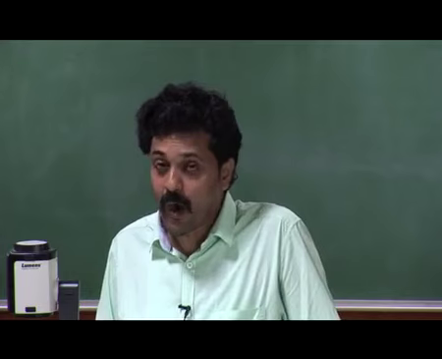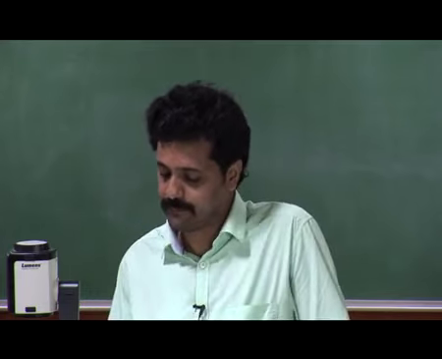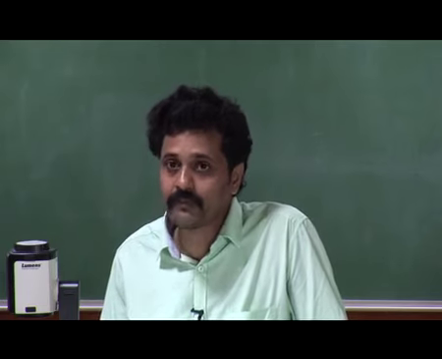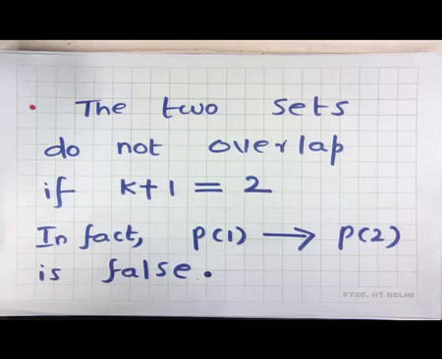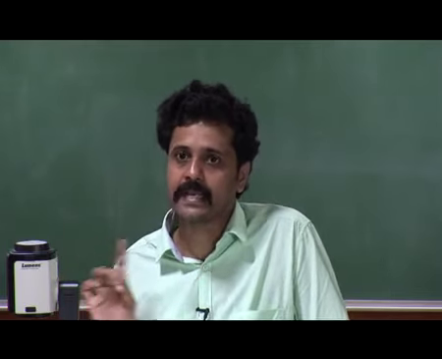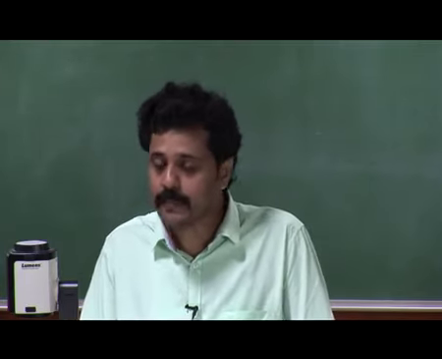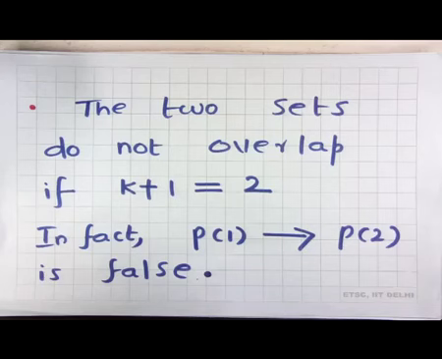That is, the argument for the inductive step, namely assuming P of k is true and deriving P of k plus 1 is true, is not correct because we used that the first set of k and the last set of k have one element in common. That may not be true. In fact, P of 1 implies P of 2 is false here. So, that is the mistake in this proof.